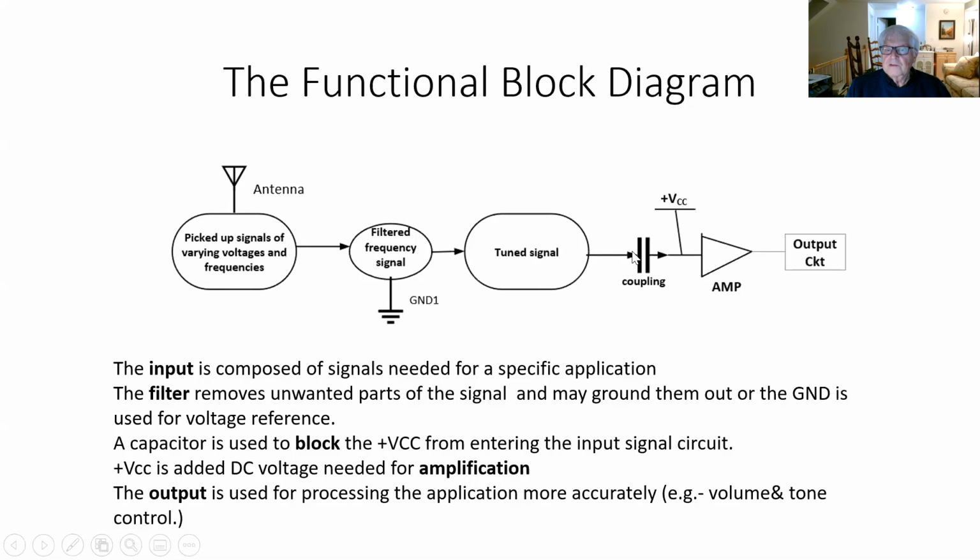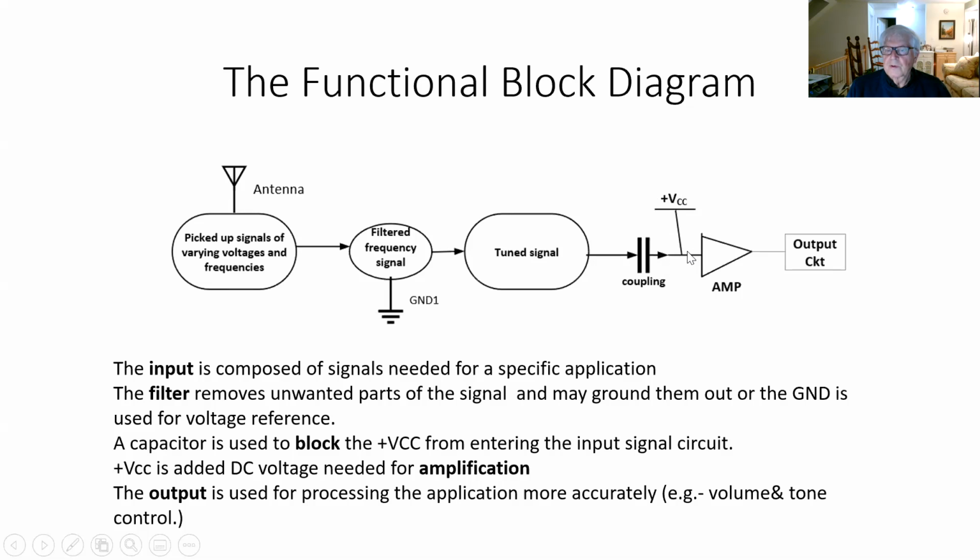The AC passes through the coupling capacitor and gets amplified. But in order to amplify, we need to add some more power. And that's normally done DC-wise by adding a positive voltage plus VCC. We don't want that voltage to interfere with our tuning circuit here. So that capacitor blocks that DC from upsetting our tuning circuit.